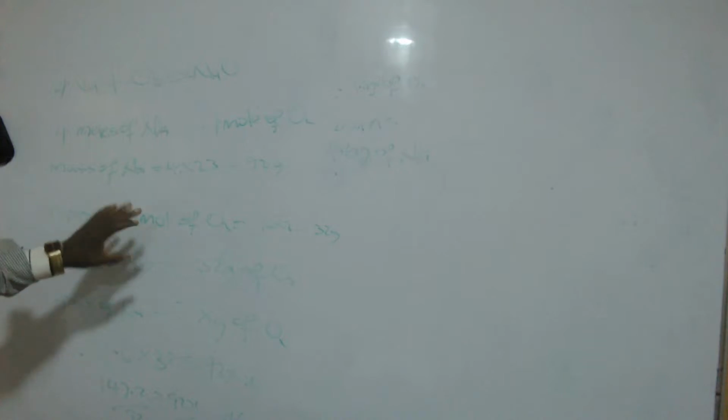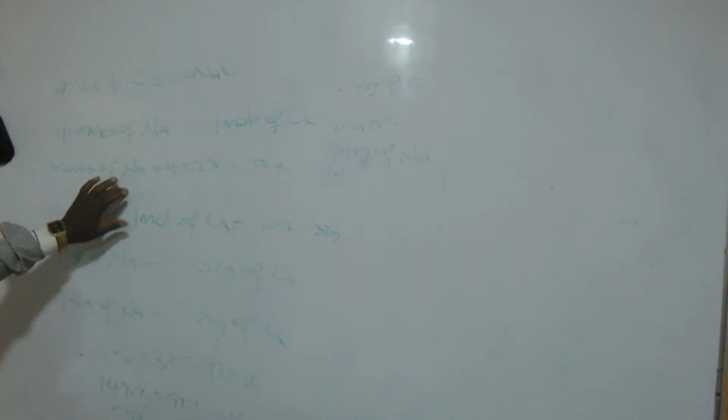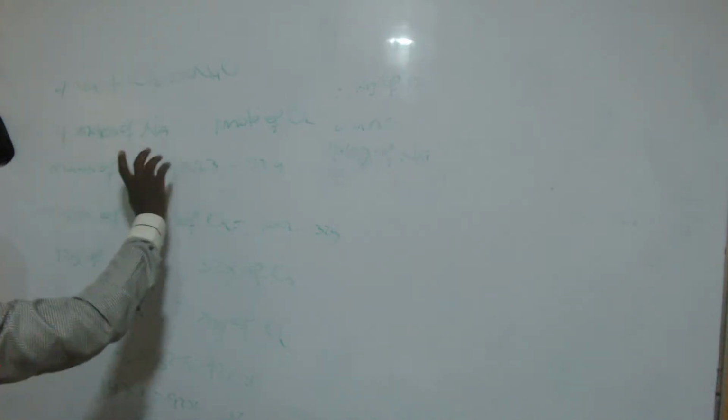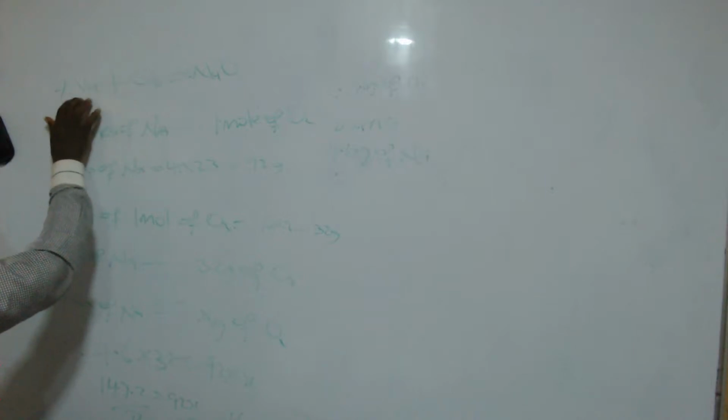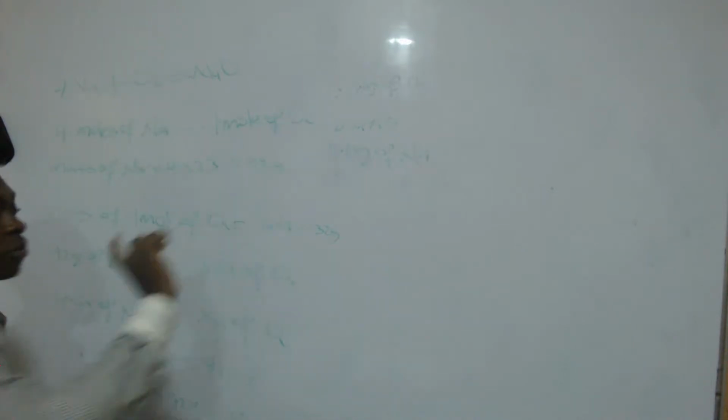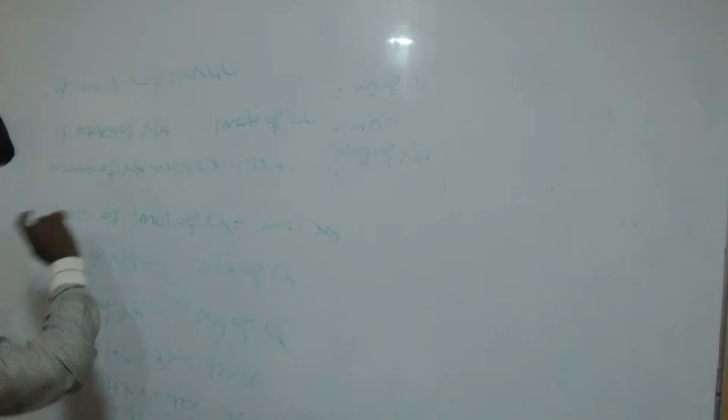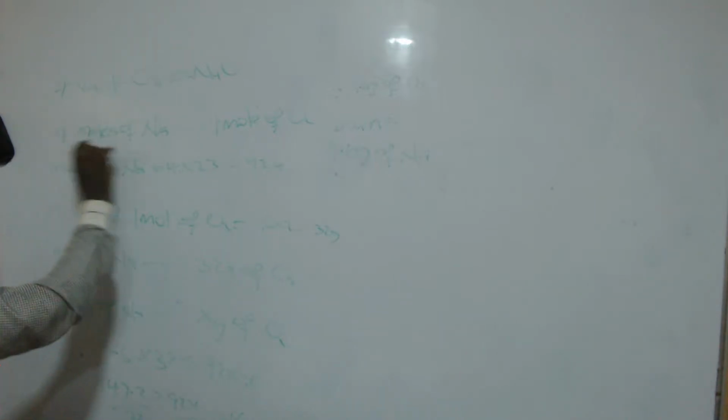Now it depends on the question they give you. If they give you the question in moles, there's no need of converting to mass. But if they give you the question in moles and ask how much oxygen burns 4.6 grams of sodium, then 4 moles of sodium is related to 1 mole of oxygen. To convert these to grams, you multiply 4 by the molar mass of sodium.